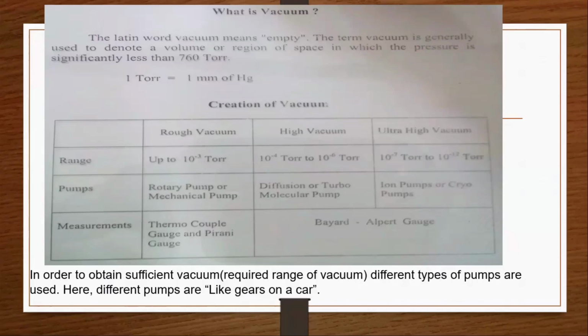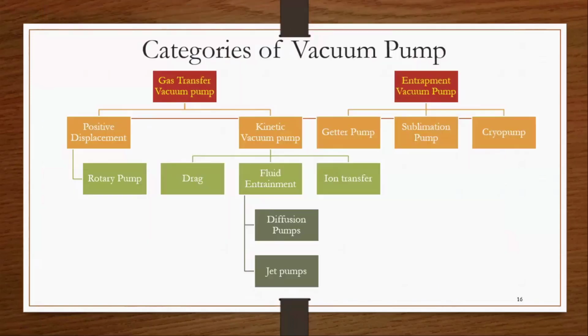So just like the gears of a car, to go to the top you cannot go directly to the top gear. You have to start from the first gear, second gear, and so on, and then go for the top gear, right? So similarly, for creating the vacuum also, few steps are to be followed.